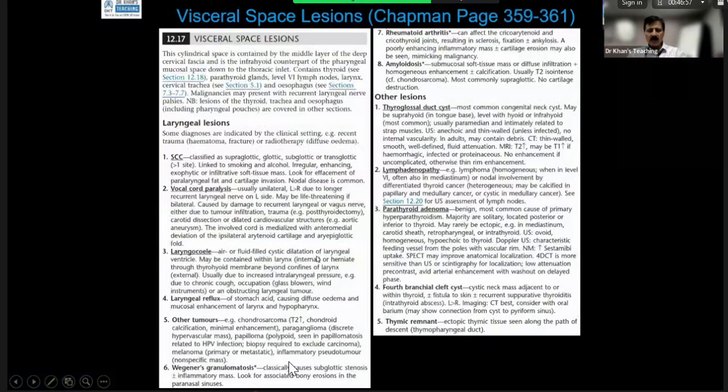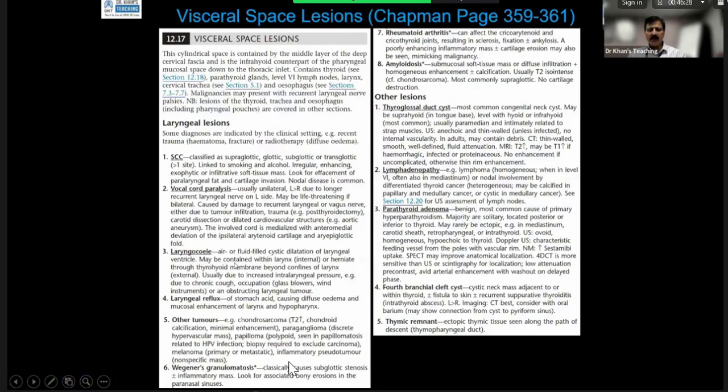The main pathologies in the larynx, the most important is, of course, a tumor, as in laryngeal carcinoma. Laryngocele is another one, which you have to remember. Basically, in laryngocele there can be an air or fluid-filled cystic dilatation of the laryngeal ventricle. You remember the ventricle which we considered.